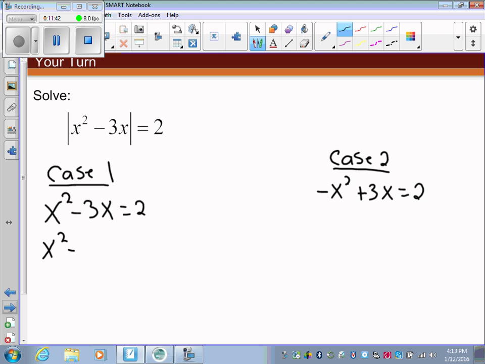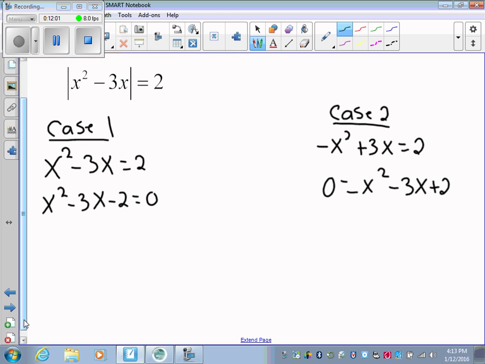Bring the 2 across so it's quadratic. Bring this one across. Again, this one involves a quadratic formula, so use your quadratic formula here.